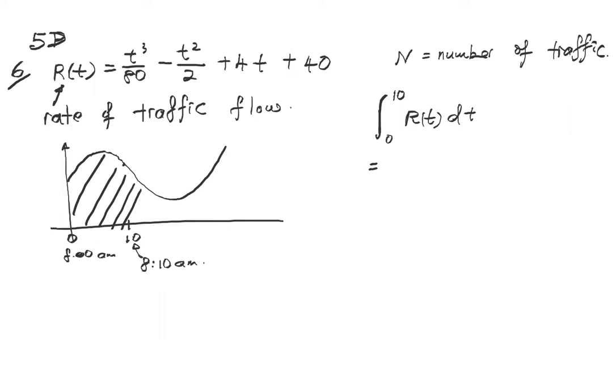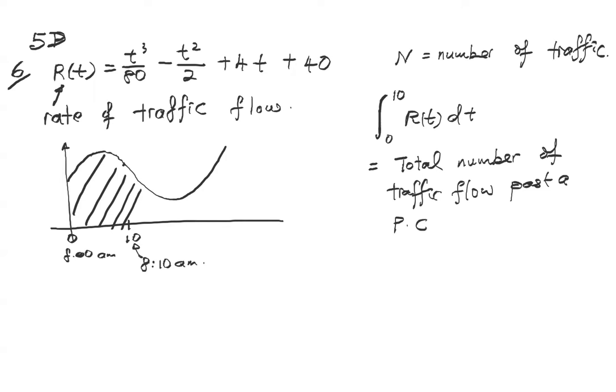I will say this is the total number of traffic flow past a pedestrian crossing from 8 a.m. to 8:10 a.m. That is how I interpret.